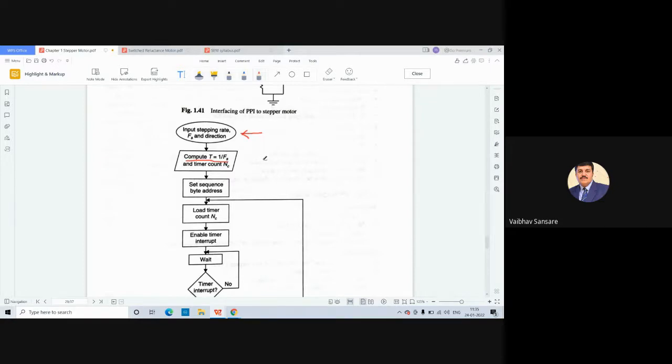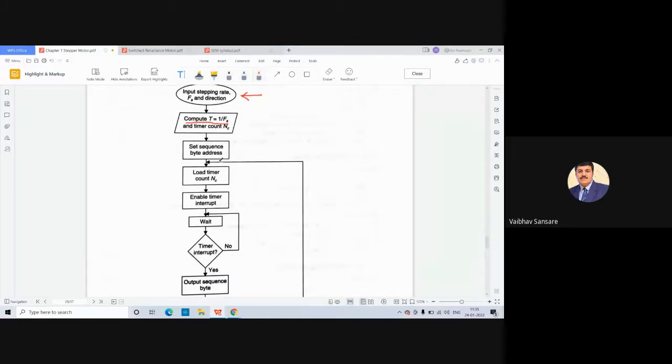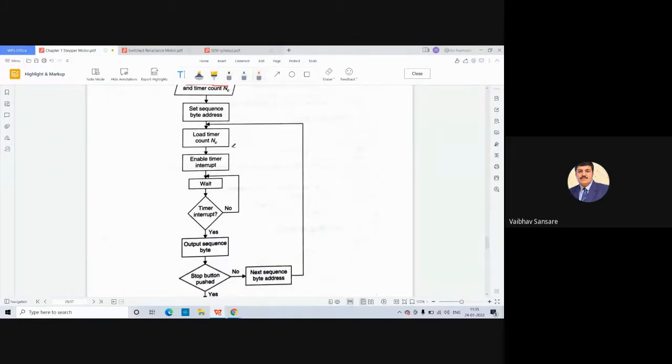Then there will be setting up of the sequence byte address. According to the computed values of t and nc, the sequence byte address is set up. After that, there is loading of the timer count nc, which then enables the timer interrupt. Then a certain time period is provided, which is your wait command, a time delay.